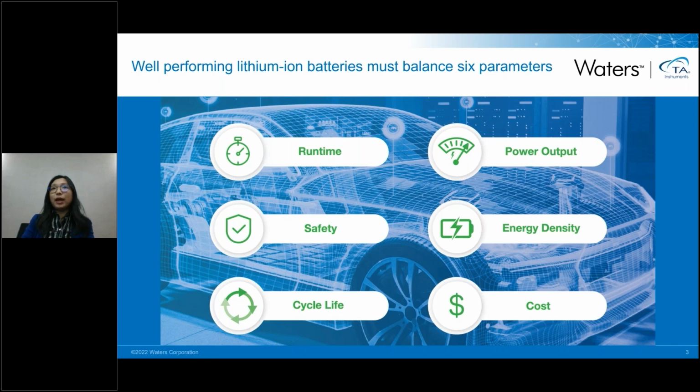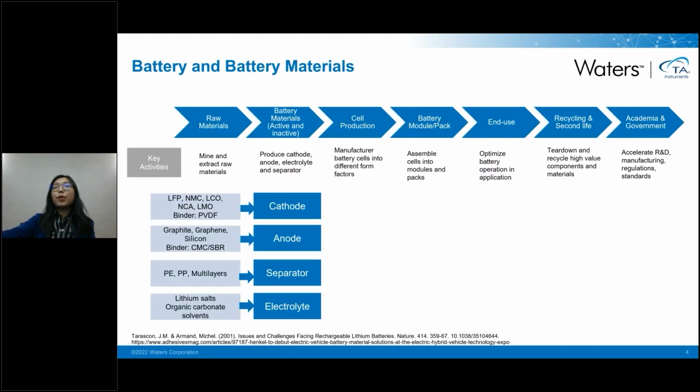So there are six parameters to get to a better lithium-ion battery. When we look at the workflow of the lithium-ion battery, first of all, you will see raw material characterization, from mining and extracting raw material.